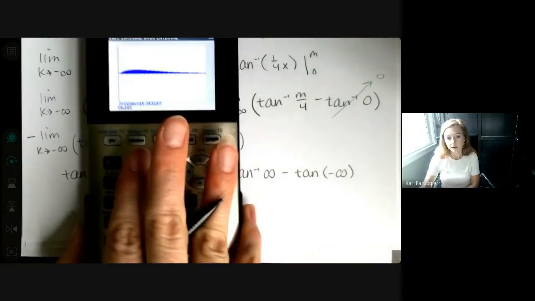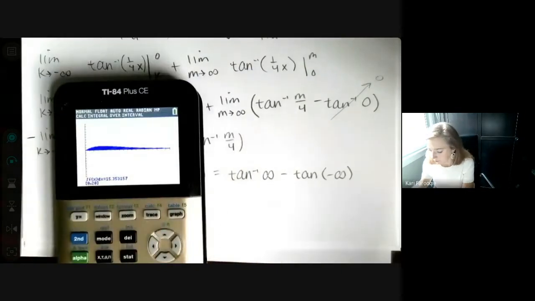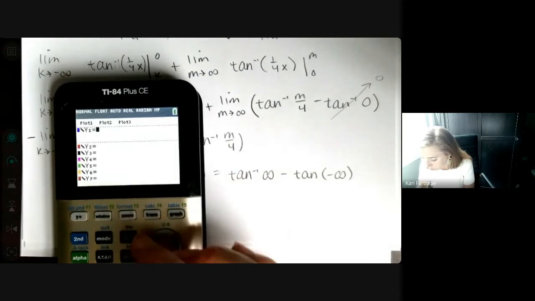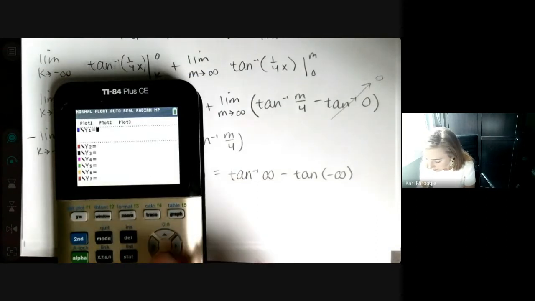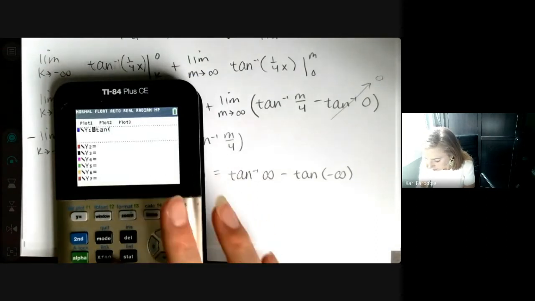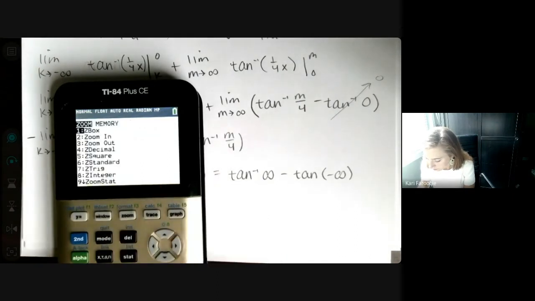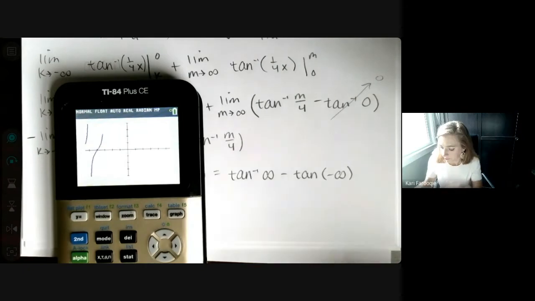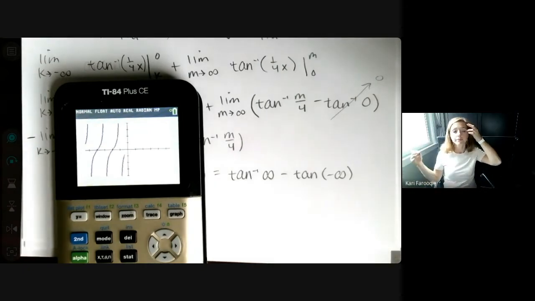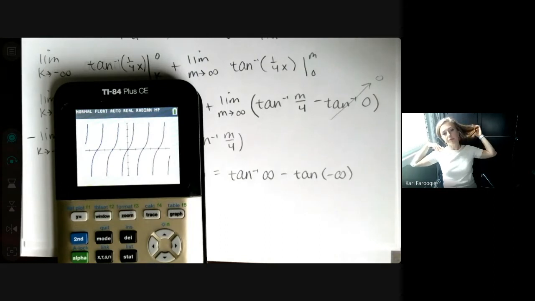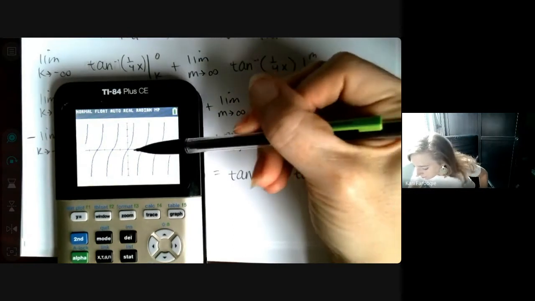Now, if you'd like, you can even graph your tangent function. Let's see, tangent x. And I'm going to zoom 7 for zoom trig. Your zoom trig is always going to be standard in this way.